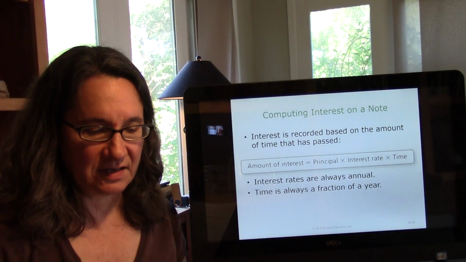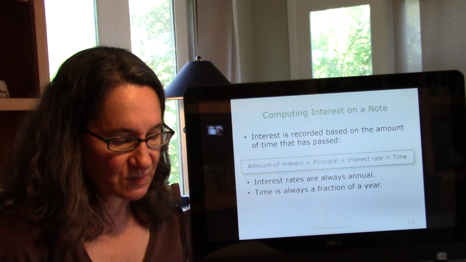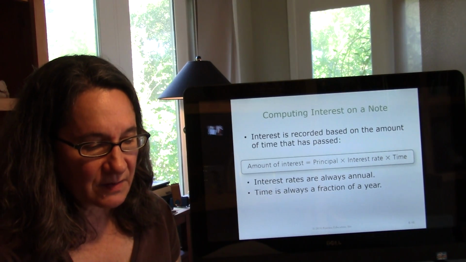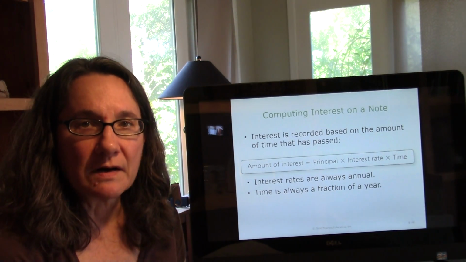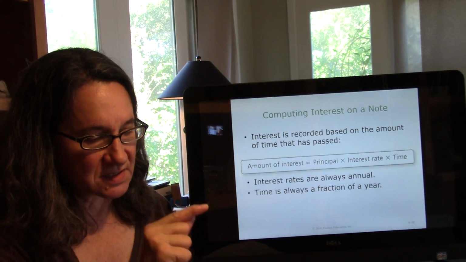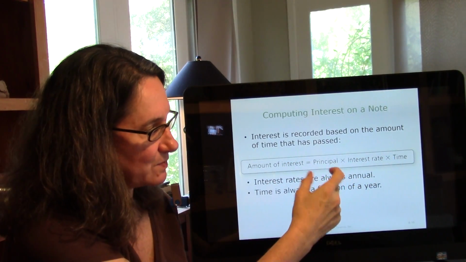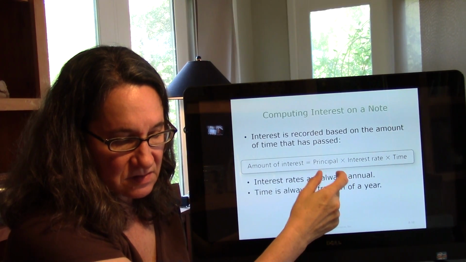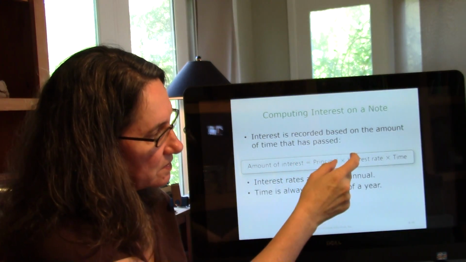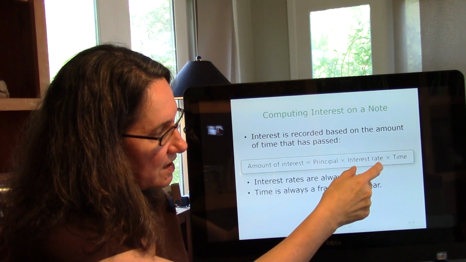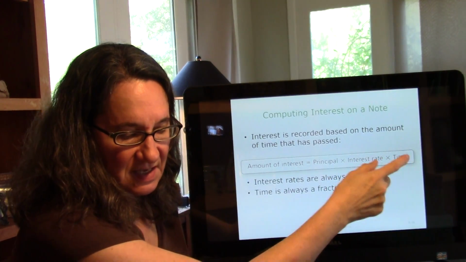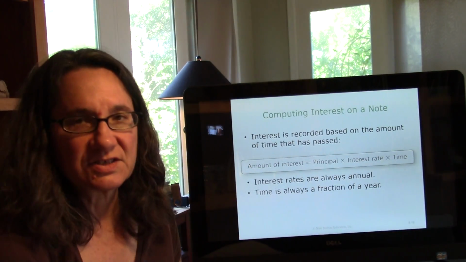Now, how do you calculate the interest? Well, it's pretty easy. I always think of it as PRT. Interest equals principal times the rate times the time. So the amount of interest, principal, 1,000 times the interest rate, 6%, times the time, fraction of a year, right?